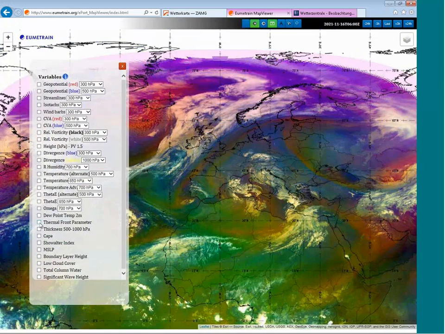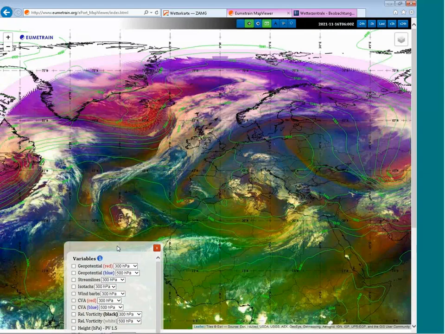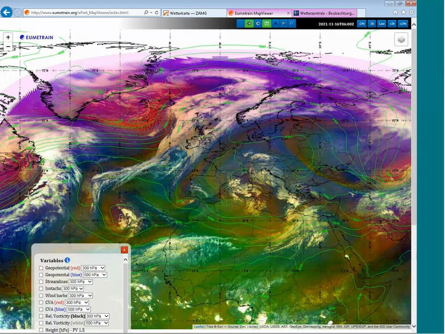Well, this is not my favorite parameter. I prefer something like the thickness, because it clearly shows you where is the warm air mass and where's the cold air mass. So we have a cold front here, we have a warm front, then suddenly no clouds, and a frontal cloud band, or a cloud band that is in the south, but it seems that the air mass boundary is much more in the north.